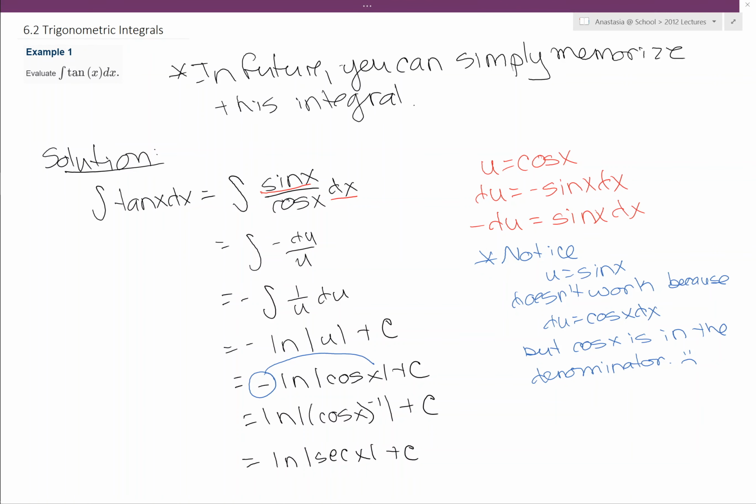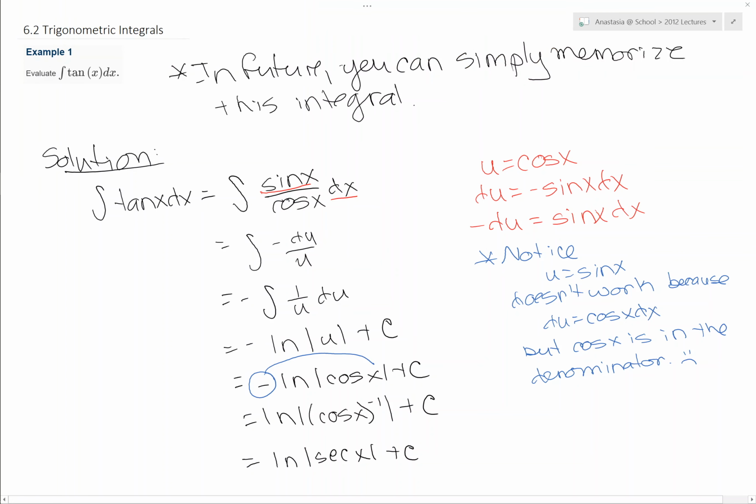So there are your two options for memorizing in the future. The integral of tangent of x is equal to negative natural log absolute value of cosine x plus c, or natural log of secant x plus c. But as far as this example goes, it's a good illustration of rewriting a trig function in terms of sines and cosines so that we can then use a substitution to evaluate.